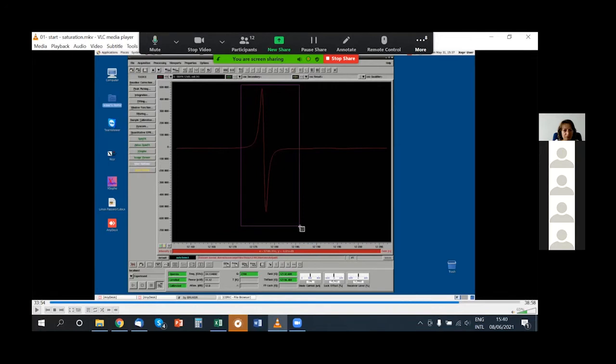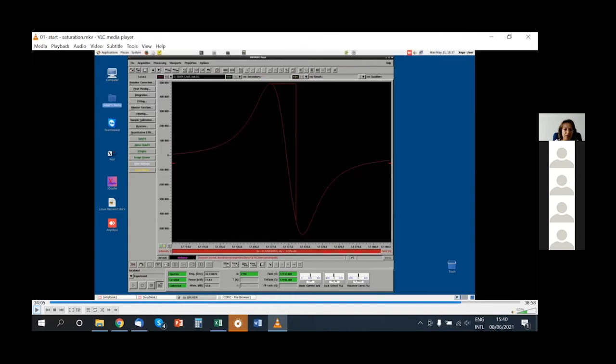And I think I can continue a bit here, because we are still checking the line width. The line width shouldn't increase when increasing the power. It's another sign of saturation.